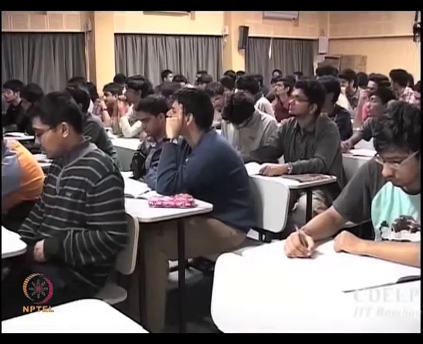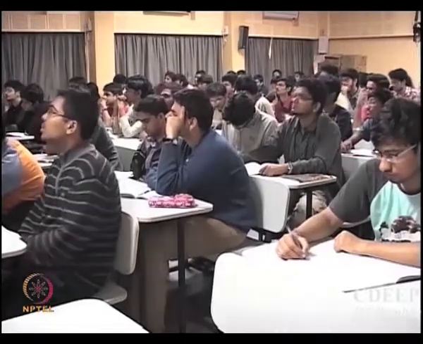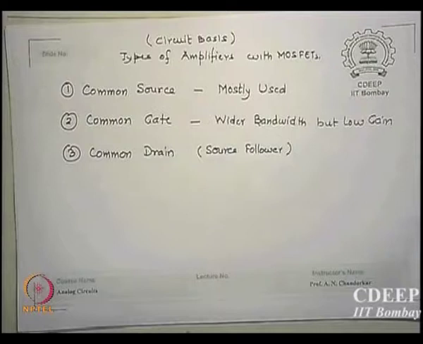There are other ways of defining amplifiers, which are circuit based. An amplifier can have a common source terminal. What do we mean by common? Between input and output, whichever terminal is common, we say it's a common that. So if the source is common between the input side and the drain side, the output side, then we say common source.